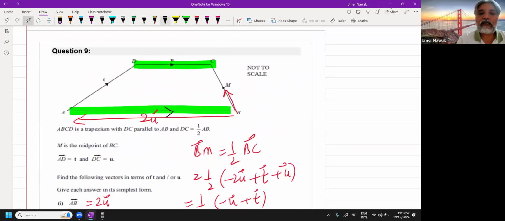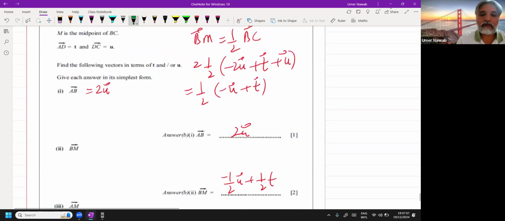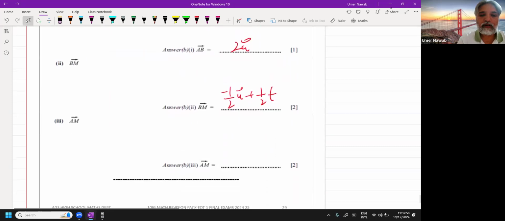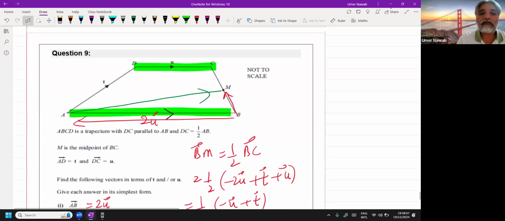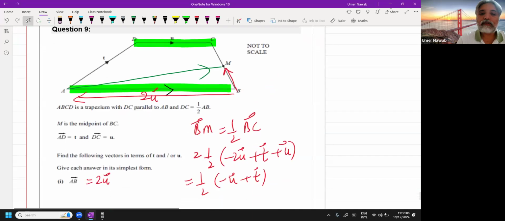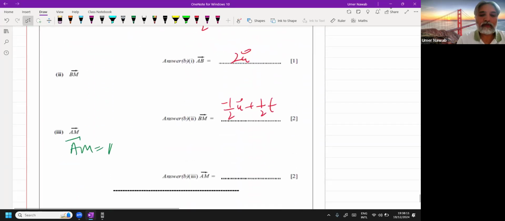I want to find AM now. AM can be written as AB plus BM. And what is your AB equal to?